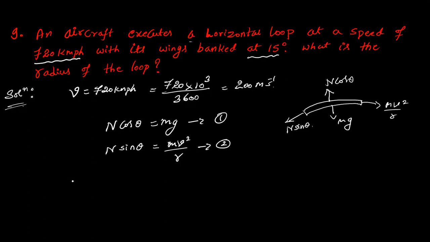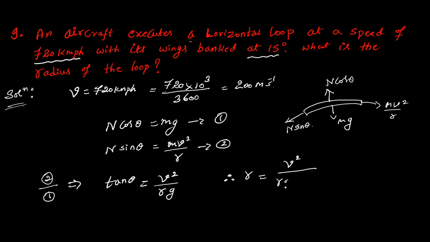So it is creating the loop. So divide equation 2 by 1. On dividing equation 2 by 1, you get sin theta by cos theta as tan theta is equal to, mass terms will get cancelled, v square divided by rg. Therefore, they're asking what is the radius of the loop. Take r as v square divided by g tan theta.